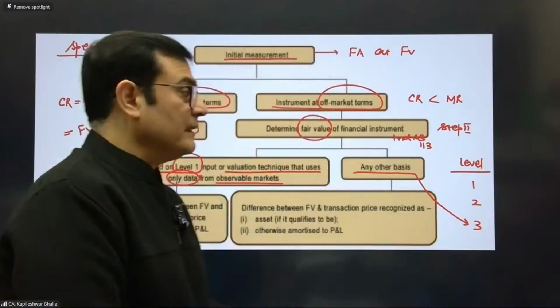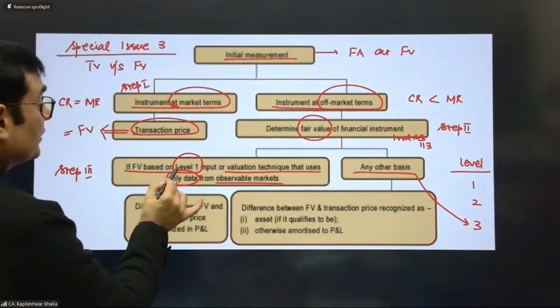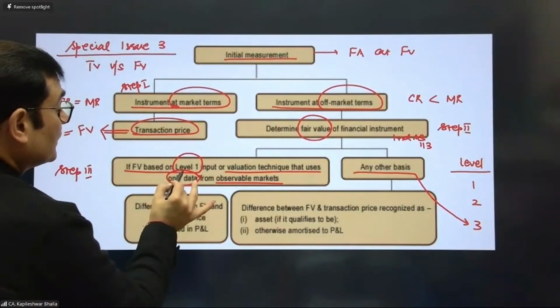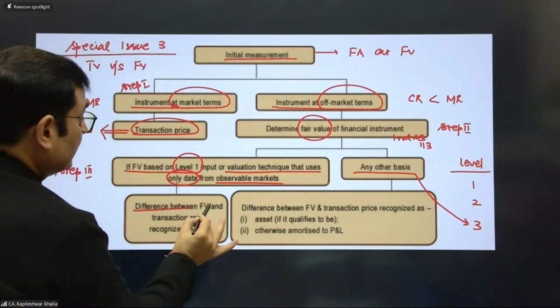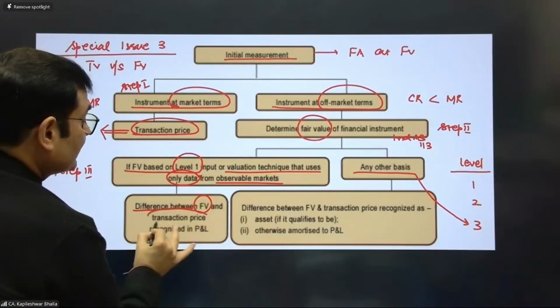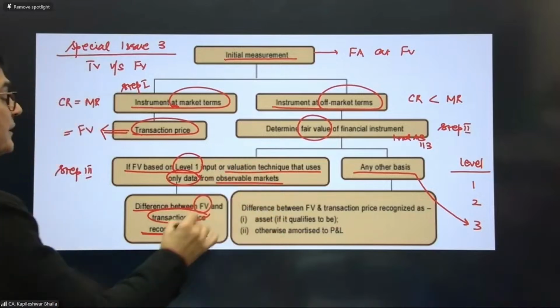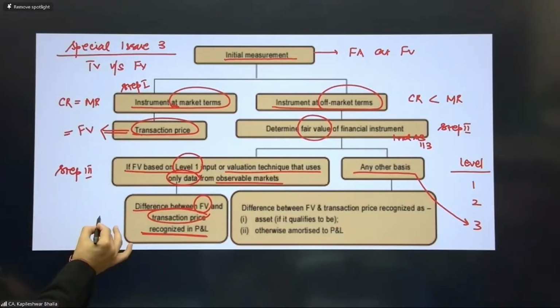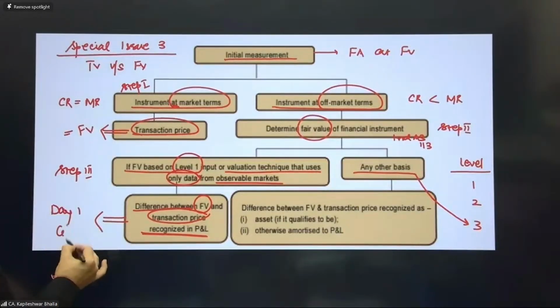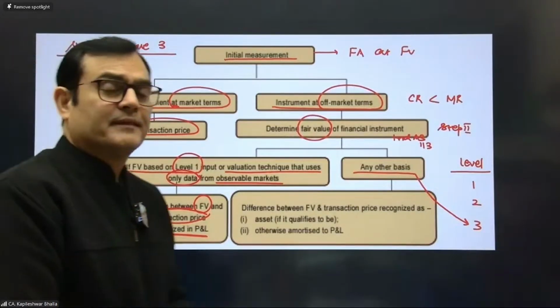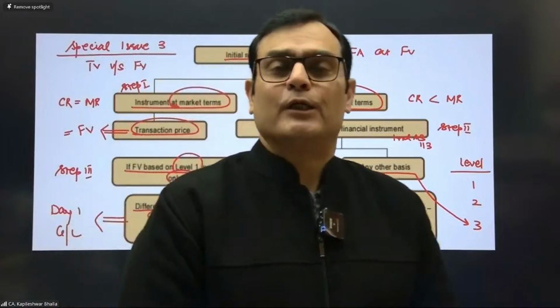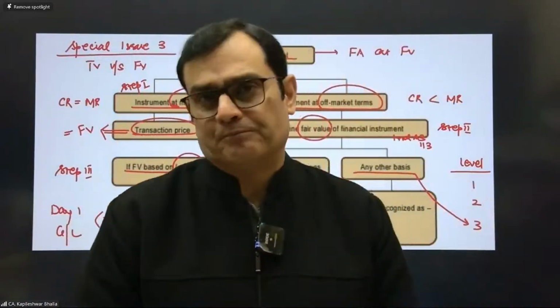So the standard accordingly decided that if you are going to get data from an observable input, the difference between the fair value and the transaction value is recognized in the profit and loss, and this is technically called a day 1 gain or loss as per Ind AS 113.